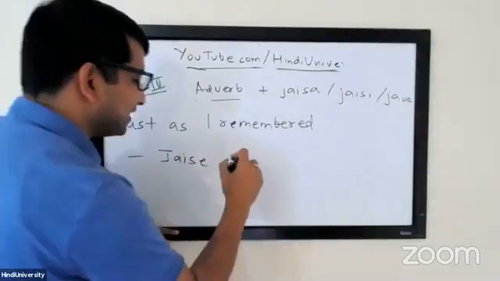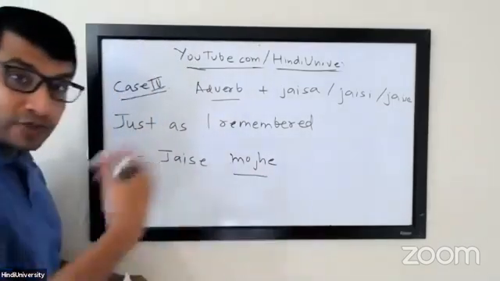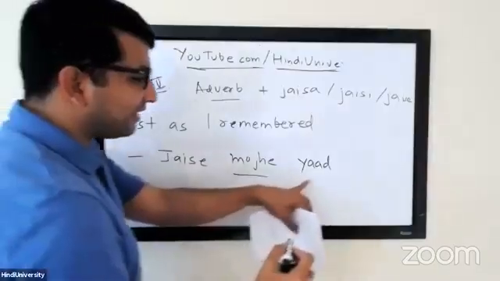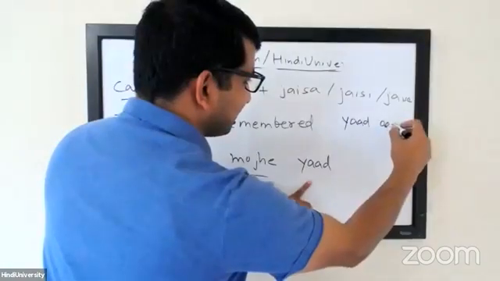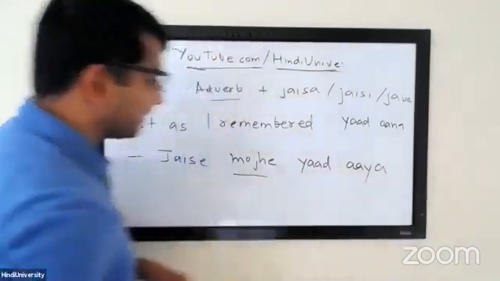Jaise, मुझे याद है. Wow. I thought it would be hard for you to come up with mujhe, because this is like "to me." The memory is to me. Yes, jaise mujhe yaad. Very good. So jaise mujhe yaad aaya.